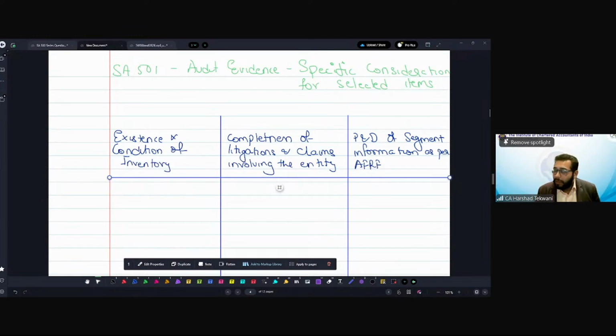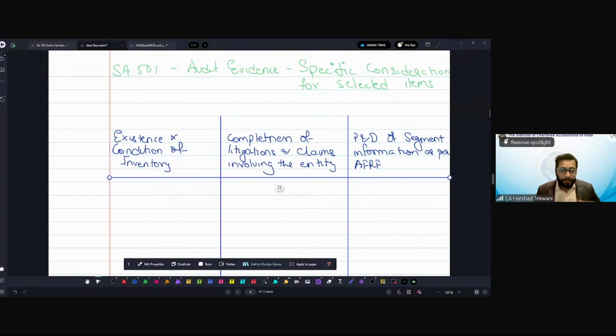Remember, the accounting policy for inventory is cost or NRV, whichever is less. If the net realizable value is not more than the cost, then the inventory we are holding in the books of accounts does not have that much value, and as an auditor we have to understand whether the inventory is valued appropriately.